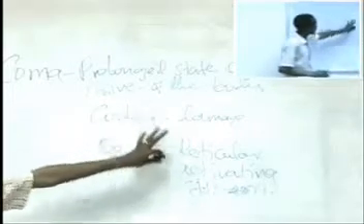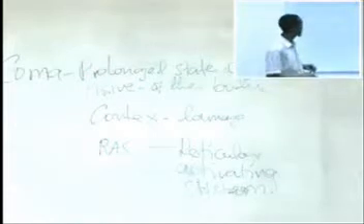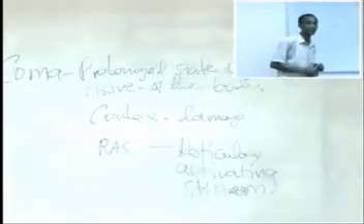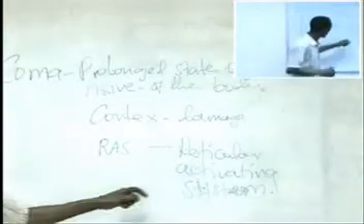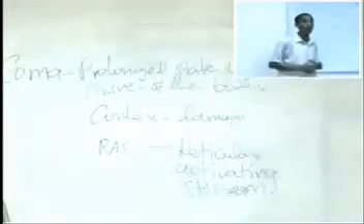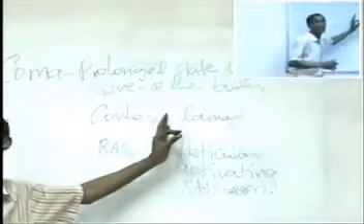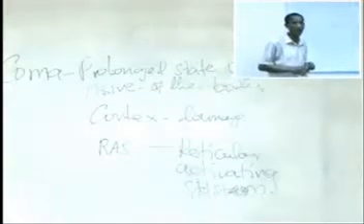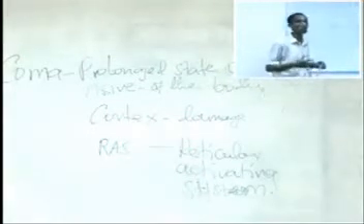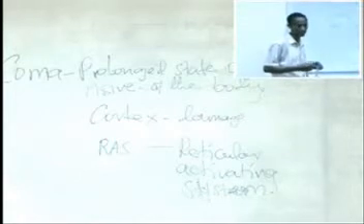These two parts are the area which is concerned with the awareness and the arousal. If these two parts are damaged, we call it coma. They are unresponsive. You don't respond to the stimulus from the outside.